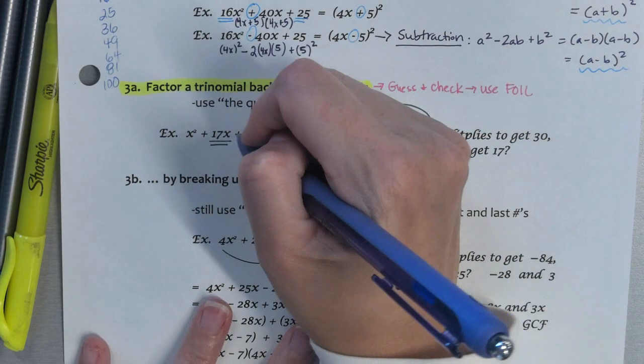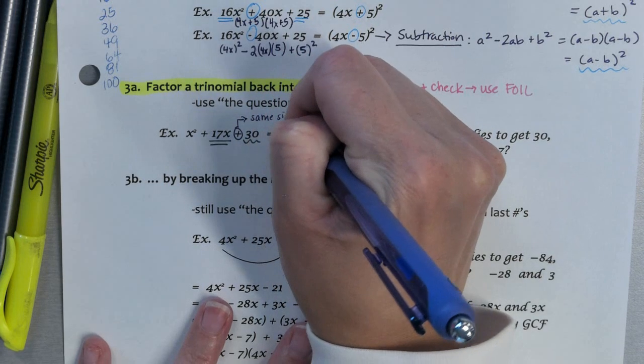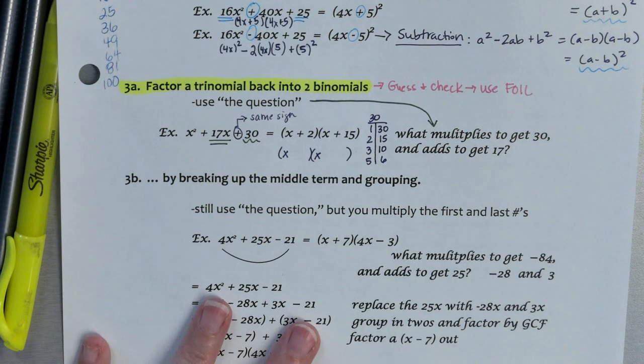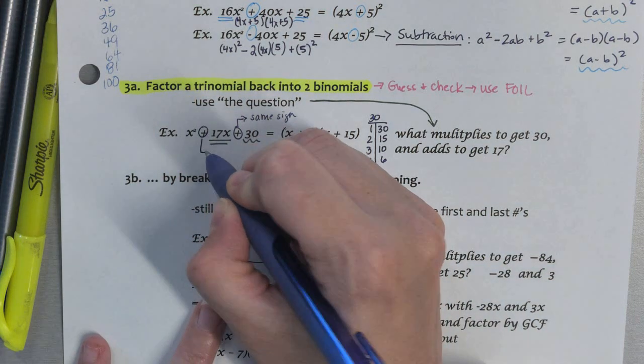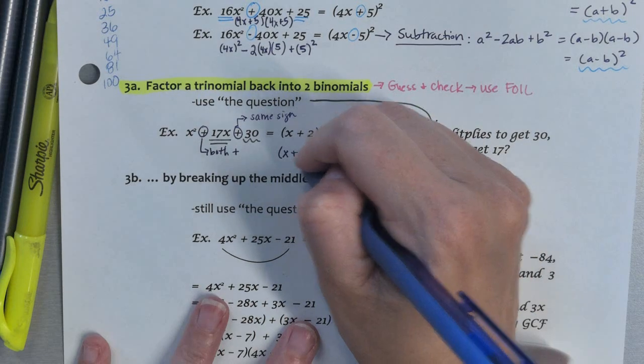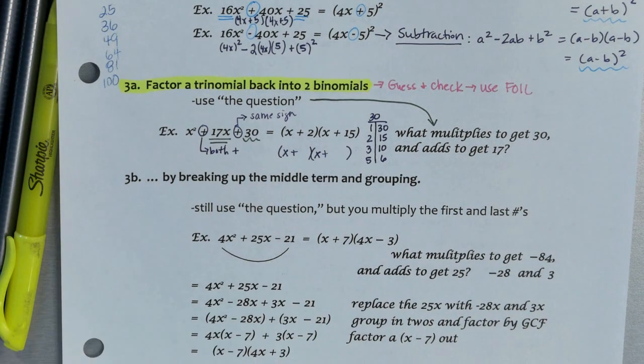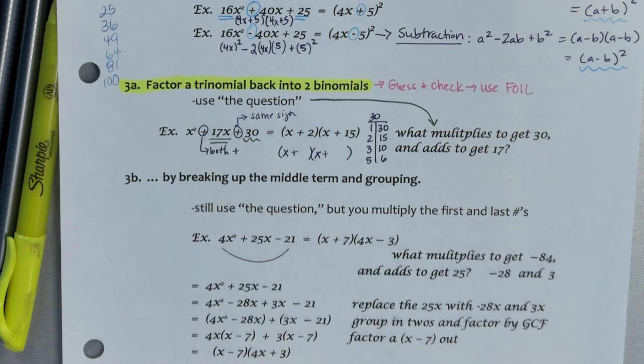Okay, so if this is positive, this means that they have to have the same sign. Because this is positive, they are both addition. So this is plus and plus. If this is negative at the back, that is when you will have minus. A plus and a minus.